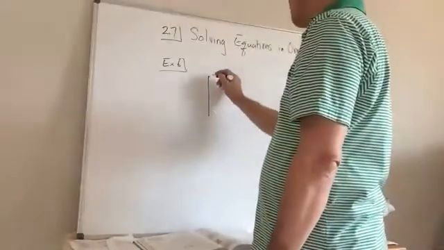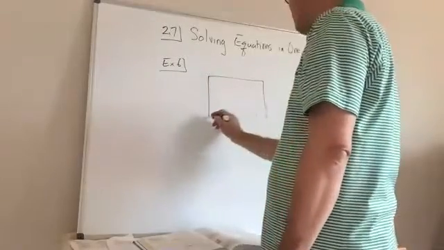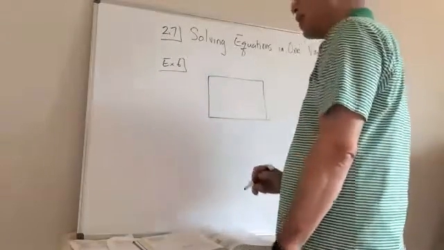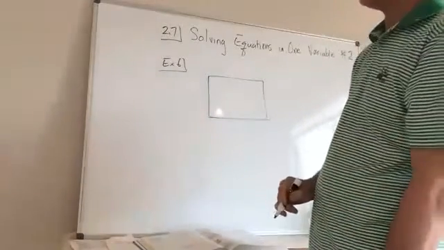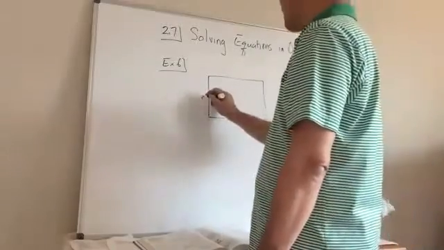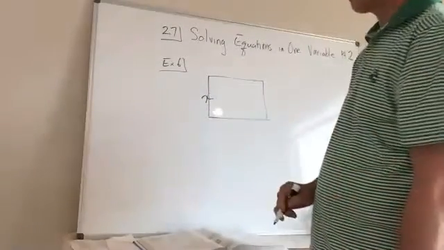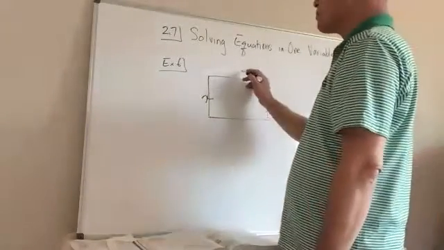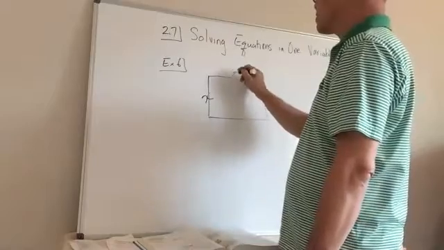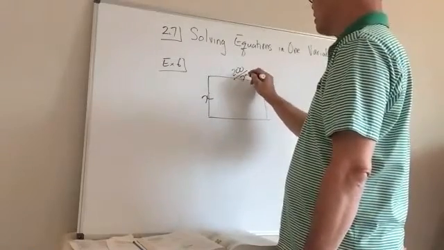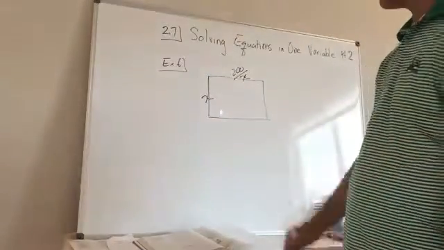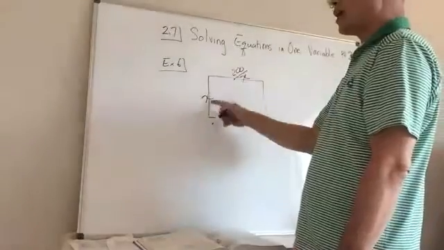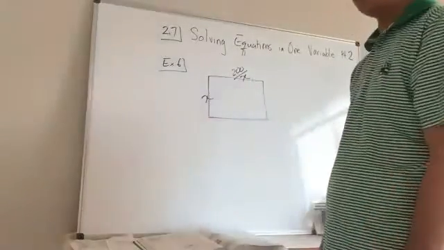I have a rectangle whose area is 200. If this side was X, whatever the other side is, when I multiply them it has to be 200, so the other side is definitely 200 over X. Now when I multiply these two together, I get 200.